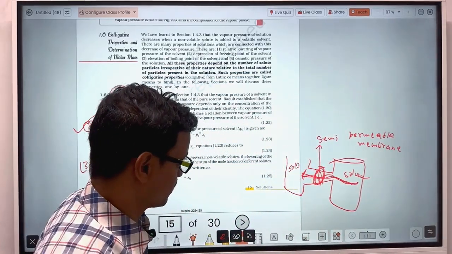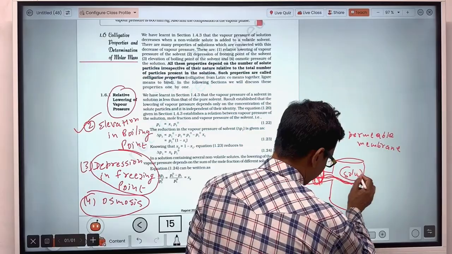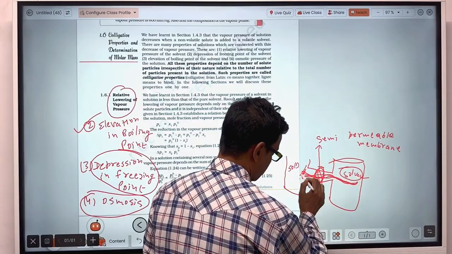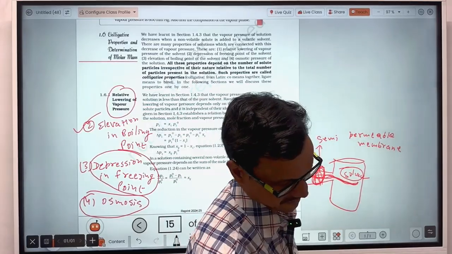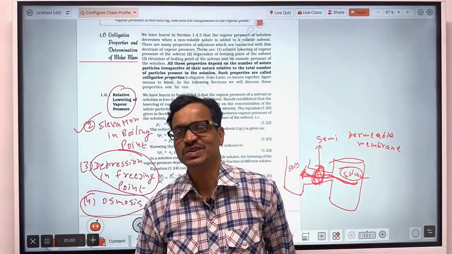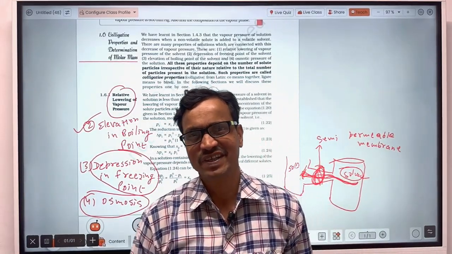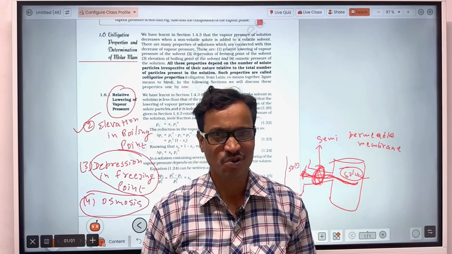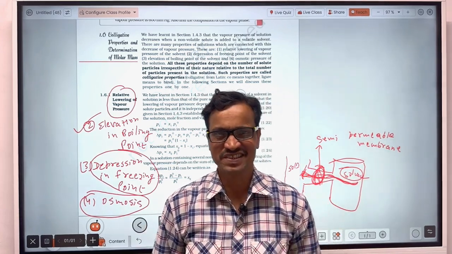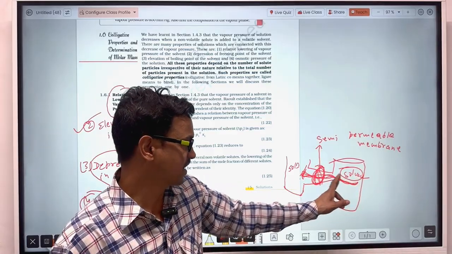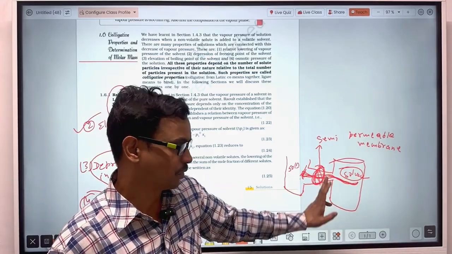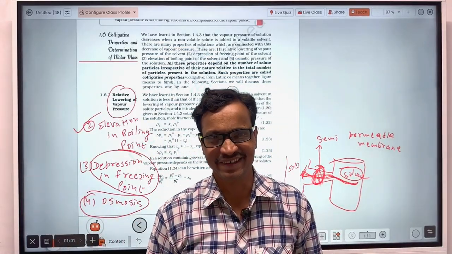So osmosis is the movement of solvent particles from pure state to the solution through a semi-permeable membrane. In the 12th board examination, a frequently asked question is about osmosis.